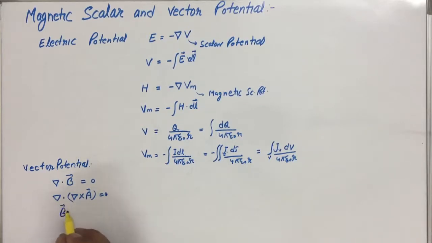If we relate these two, then we can say B is equal to curl of A. This is the curl of the vector field A. So from here we have one identity. In this, A is known as the magnetic vector potential.